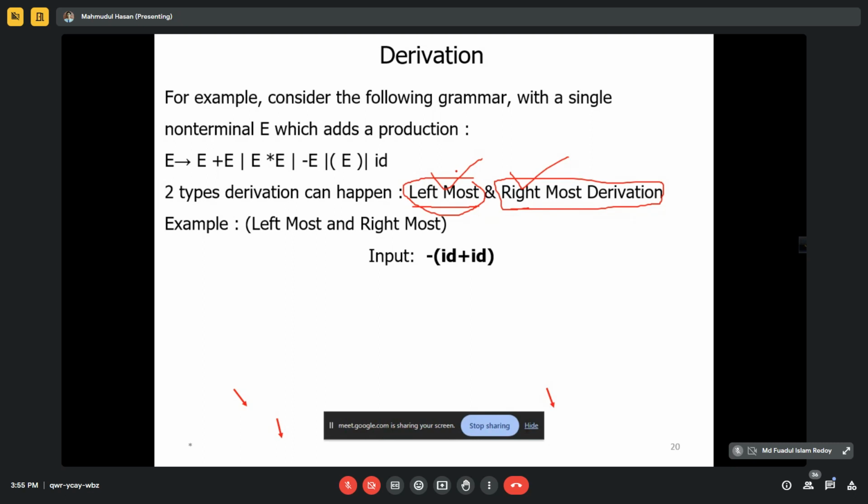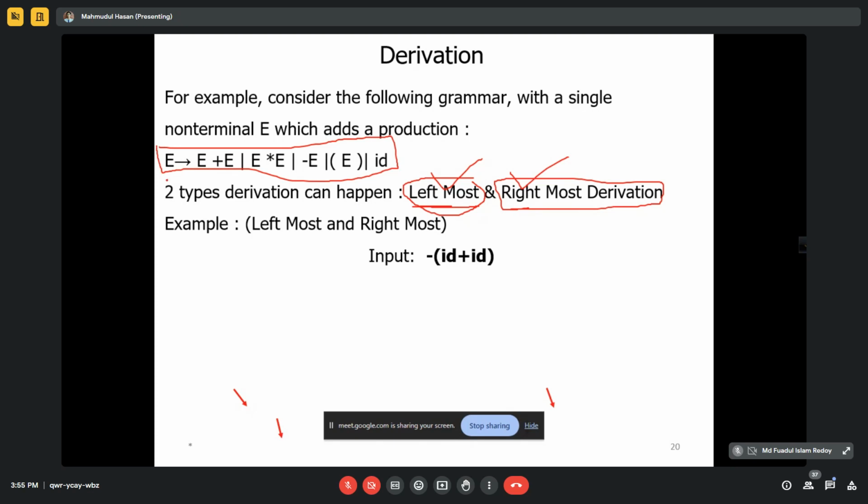When you have more than one non-terminal, which one do you choose? That is the issue. That time you need to choose leftmost or rightmost. If you choose leftmost, that means you need to choose the leftmost non-terminal first; otherwise rightmost. Got my point? Okay, so let's go. Suppose this is our grammar.